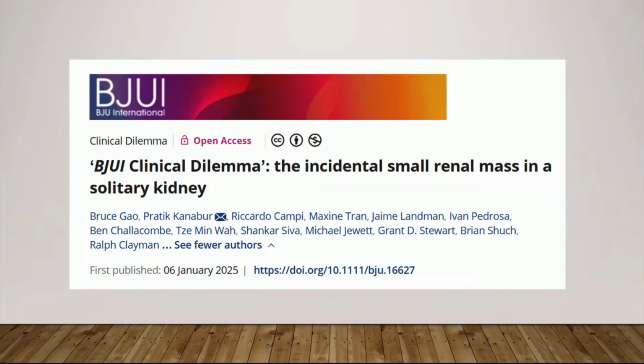And I think this article here was published in the BJUI last month, I think it was, and it's been compiled by a number of kidney experts from the UK, some from Europe, North America, including Canada. And when I read this, I thought it gave a really nice framework with which to think about small renal masses and review the management and the evidence which underpins it.